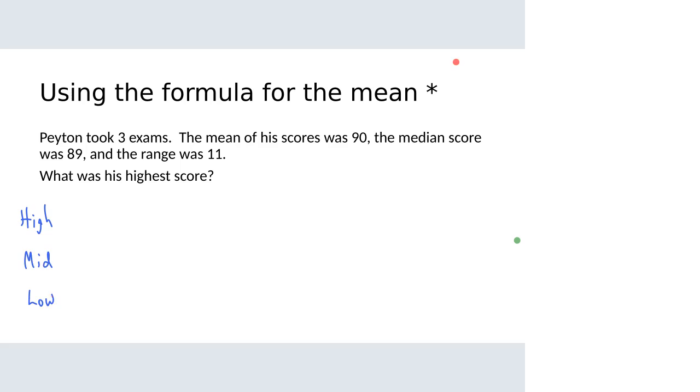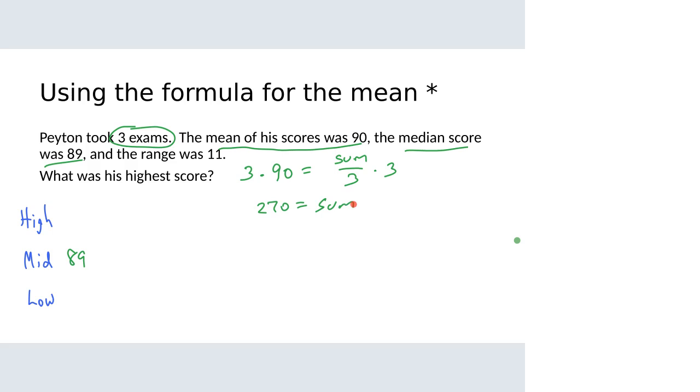We're told that the median score was 89, so we know that's the one in the middle. And then since the mean of his scores was 90, and we know he took 3 exams, we can say his mean was 90, and he took 3 exams. So we'll multiply both sides by 3, and 270 is the sum. So if I were to add up all 3 scores, I'm going to get 270.